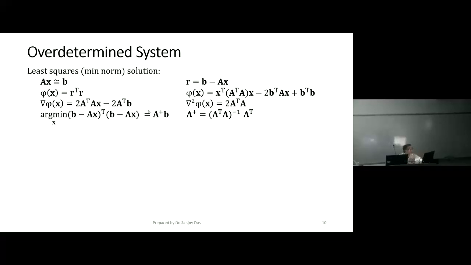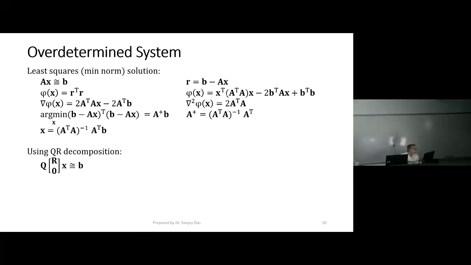We're trying to minimize the norm of X subject to AX being exactly equal to B, if you remember the derivation, in which case A pseudo inverse will be A transpose times AA transpose inverse. So A transpose first and then AA transpose inverse.